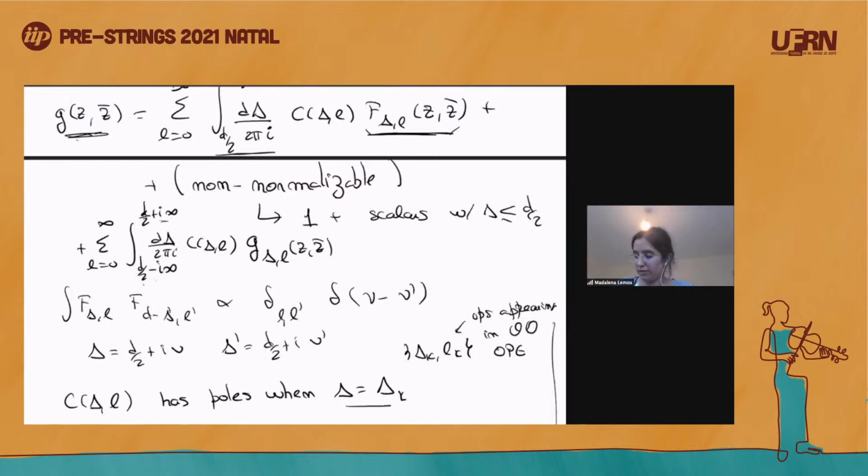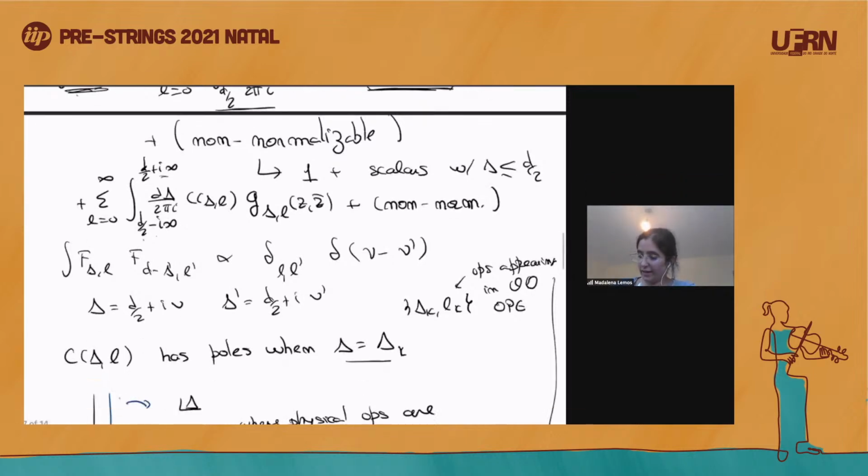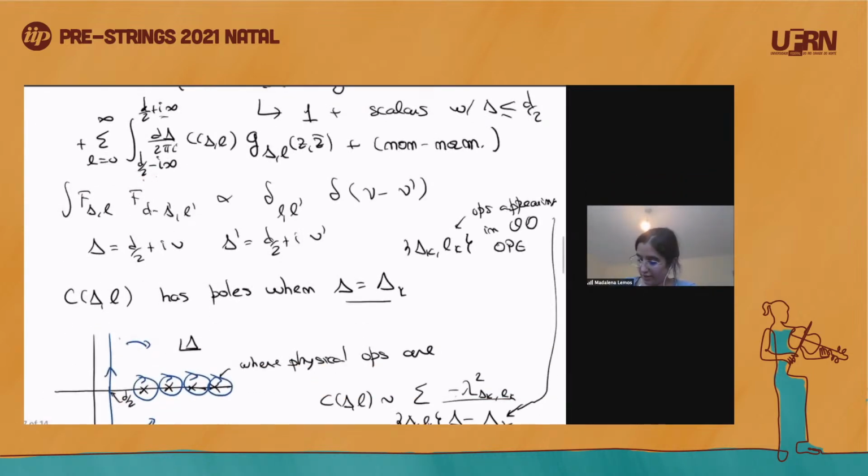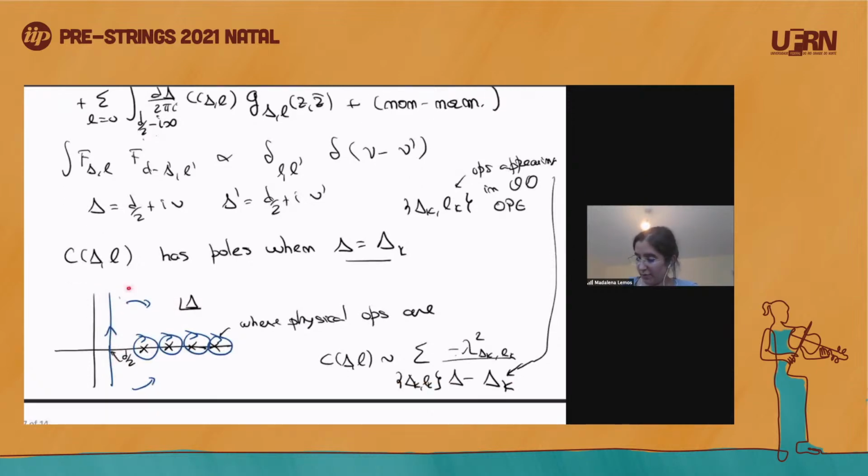So this is one step, and then the non-normalizable part still comes along. And then here I have the integral I drew. It goes from minus i infinity to plus i infinity. And this is the contour that I will close to the right. When I close to the right, I'm dropping the arcs at large delta, but the blocks go fast enough to 0. They die off as delta goes to large delta in the right half of the plane. Does this answer your question?